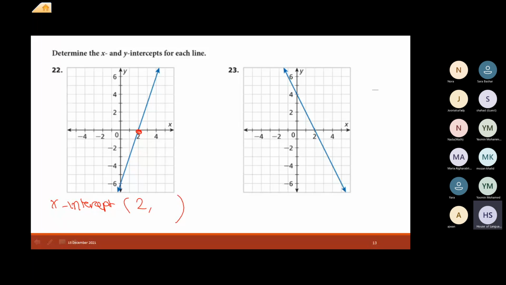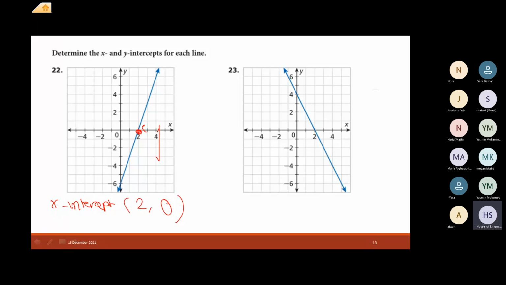If a point is on the x-axis, so y will be what? Zero. If the point is on the x-axis, y is 0. What is the coordinate of this point?